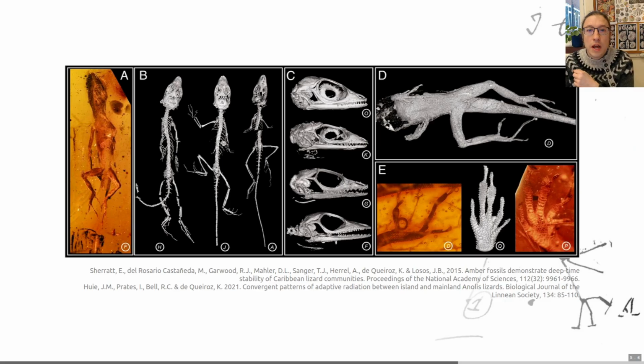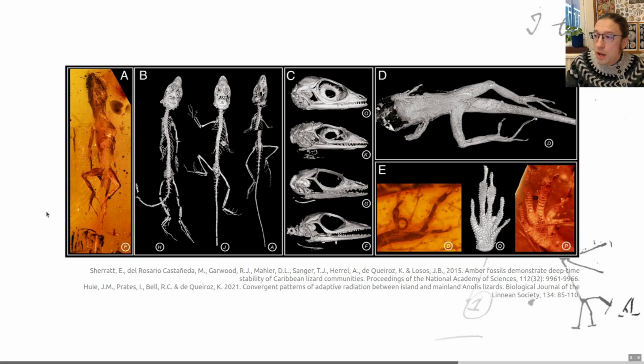The authors of that paper use these fossils to demonstrate that the anolis ecomorphs evolved early in the Caribbean adaptive radiation of these groups, and that community structure has pretty much been stable ever since that early adaptive radiation, suggesting that these are long-term and relatively stable structures, which is really, really interesting.